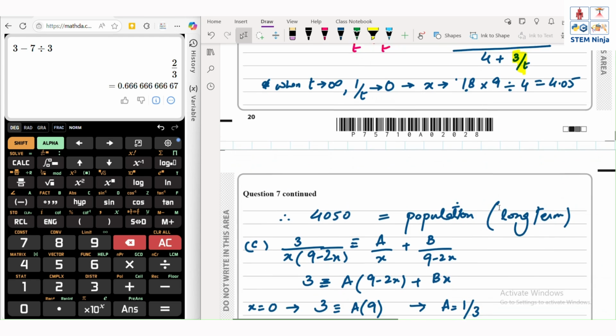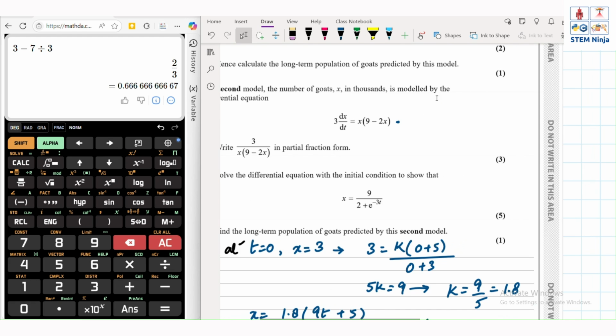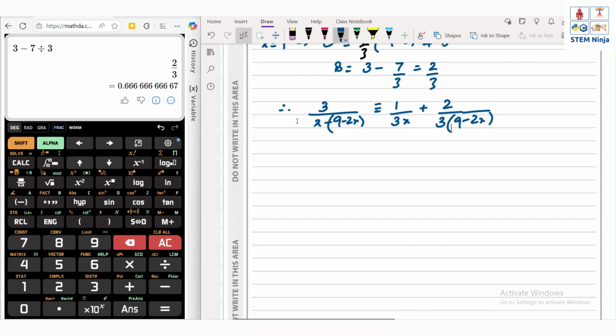Right, okay, so now when we separate the variables, x terms come on one side, so you will have 3 over x(9 minus 2x) dx equals dt.